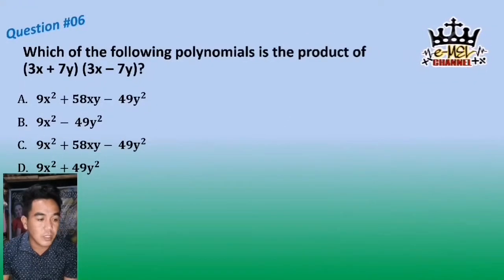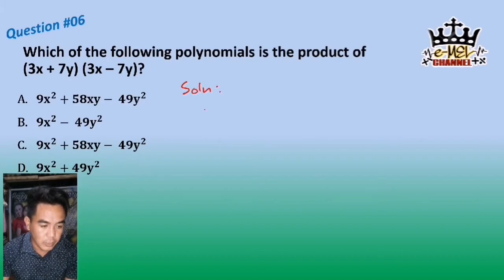Question number 6. Which of the following polynomials is the product of 3x plus 7y times 3x minus 7y? So, solution here, let us use the given.